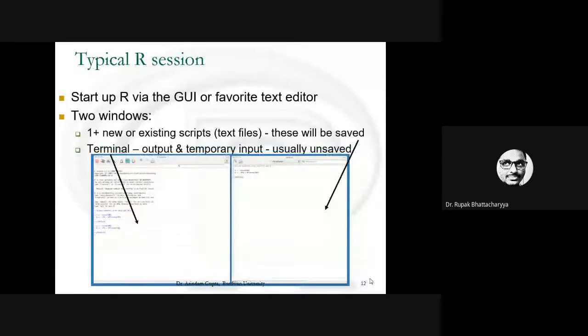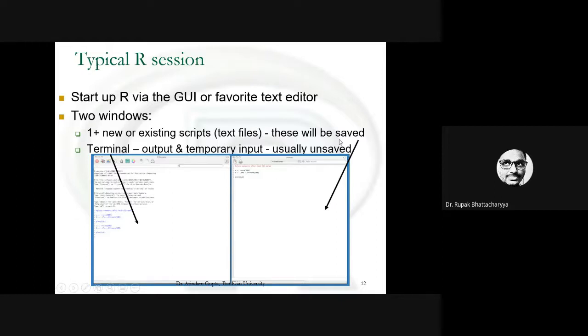Typical R session: start up R via GUI or your favorite text editor. Two windows will appear. This is the terminal or output window, which is temporary, and this is the script window.